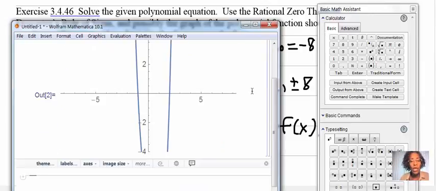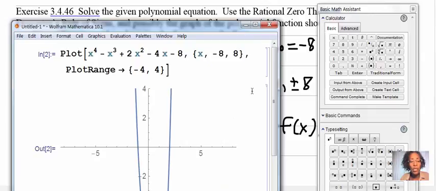So notice by changing the plot range, and this saves me a bunch of work, I'm able to see that -1 and 2 are actually zeros.